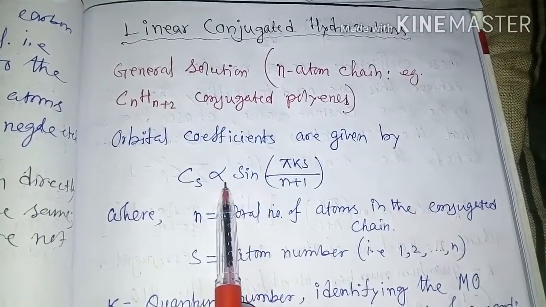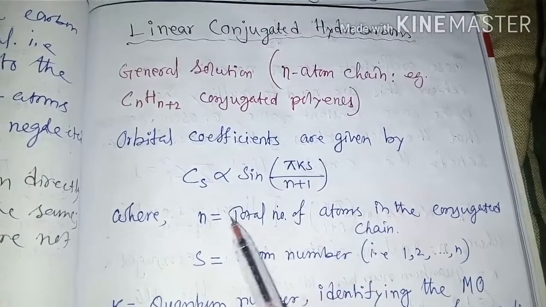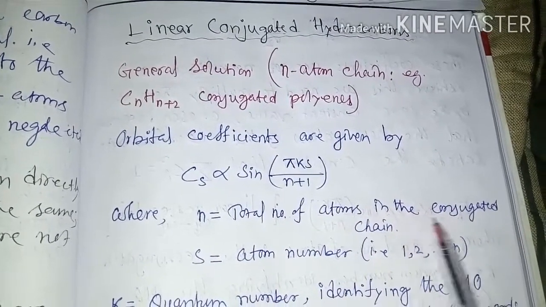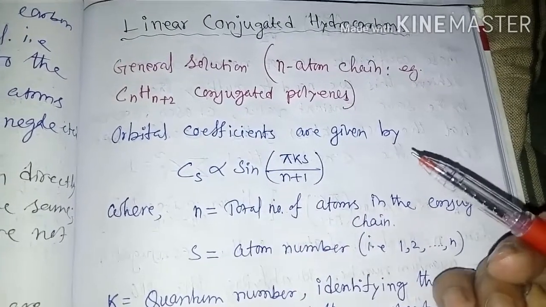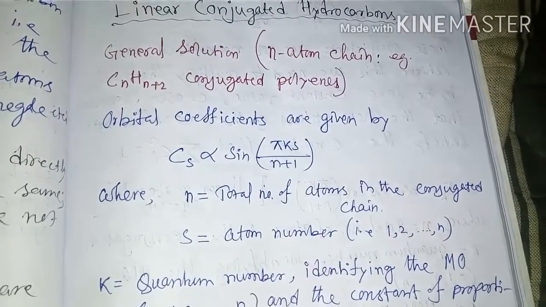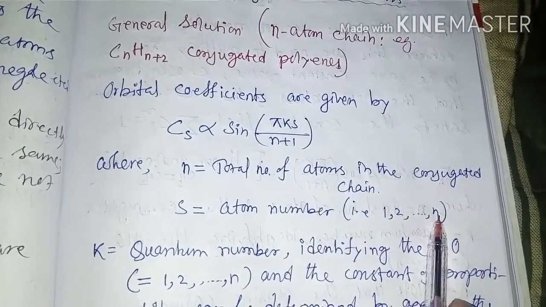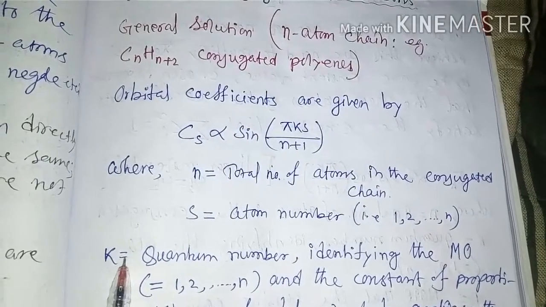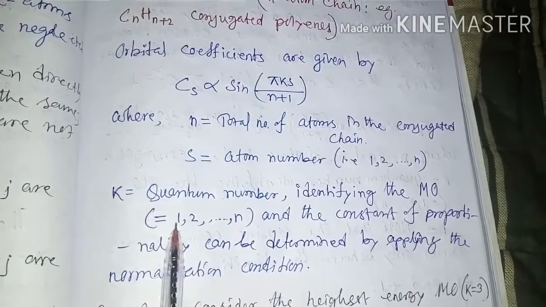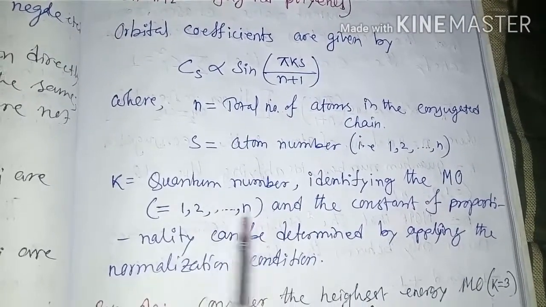So C_s is directly proportional to sine of pi k s divided by n plus 1, where n equals the total number of atoms in the conjugated chain, that is, how many carbon atoms there are. s equals the atom number: atom number 1, atom number 2, atom number 3, that is 1, 2, up to n. And k is the quantum number identifying the molecular orbital; you can consider k as 1, 2, 3, 4 and so on.